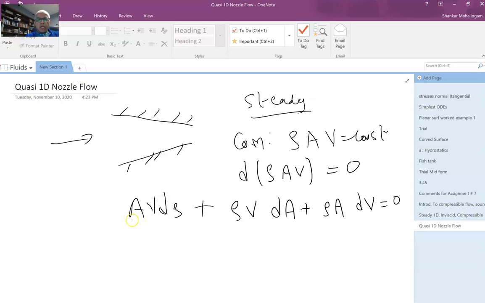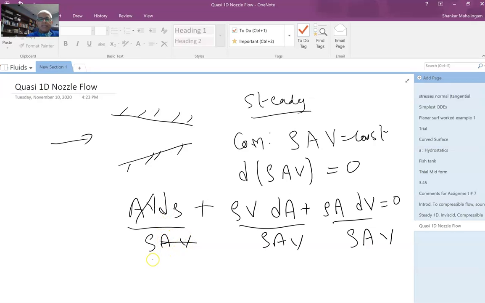Now, if I divide this equation through by rho AV, every term by rho AV, let's see what we get. The AV's cancel out, and I'm left with d rho over rho plus dA over A plus dV over V equals 0.